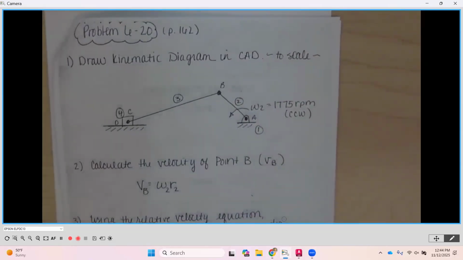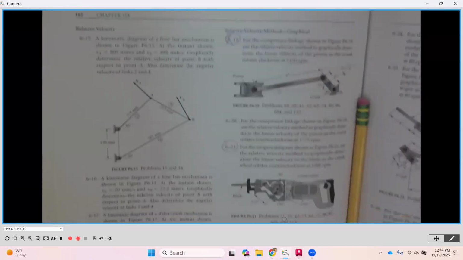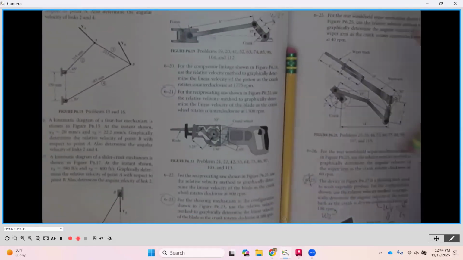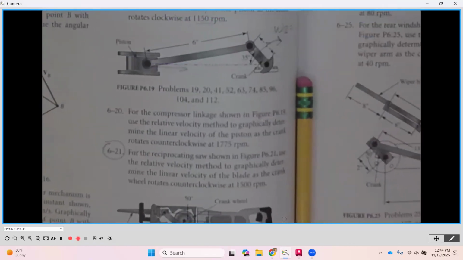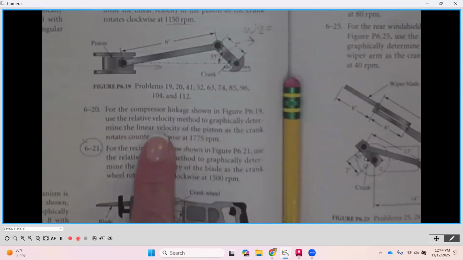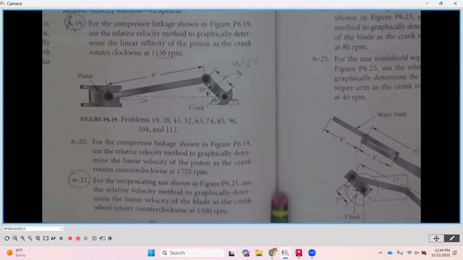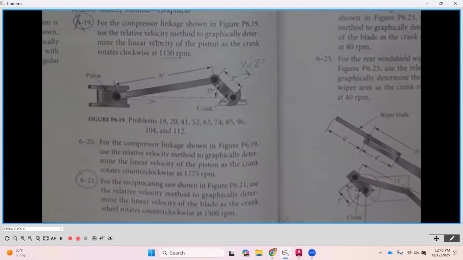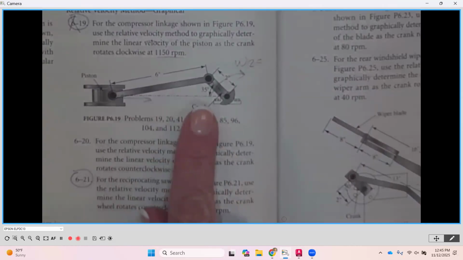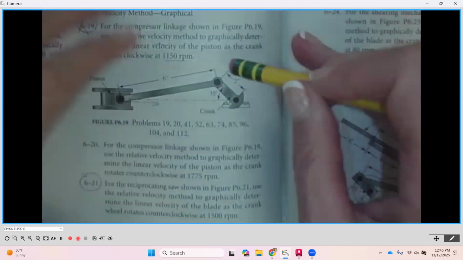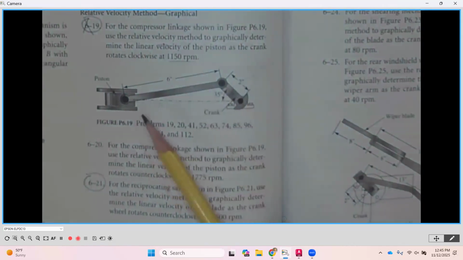So we are going to open up our books to page 162, and we are going to do problem number 620. 620 is right here, on page 162 in the second column. We are going to work with the compressor linkage that we see right here, okay? And I'm going to erase the notes I have because I don't know if those are consistent with this problem. We're going to work with this linkage.